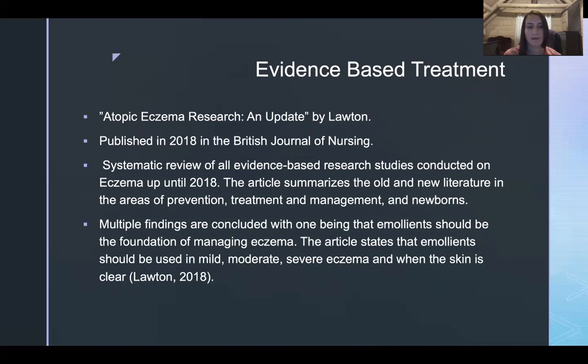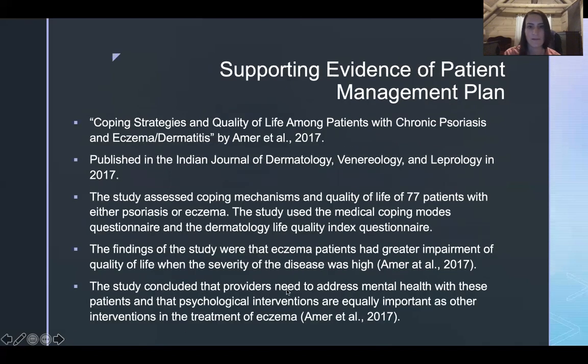There are multiple findings in this review. One that supports my management plan is that emollients should be the foundation of managing eczema. The article states that emollients should be used in mild, moderate, and severe eczema, and when the skin is clear of eczema. It should be used all the time.